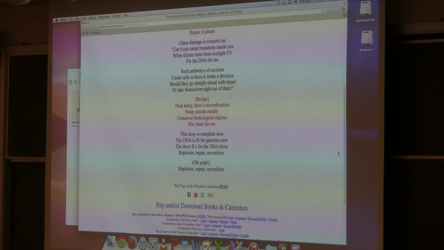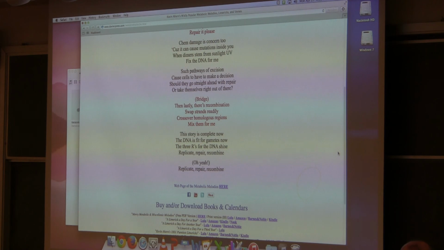Fix the DNA for me. Such pathways of excision cause cells to have to make a decision. Should they go straight ahead with repair or take themselves right out of there?